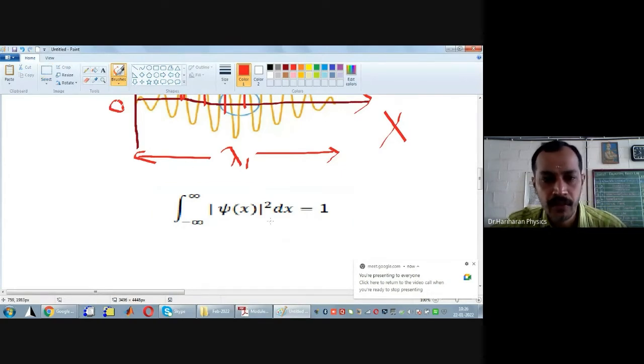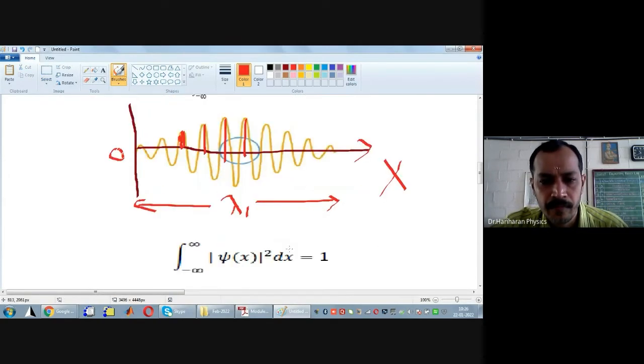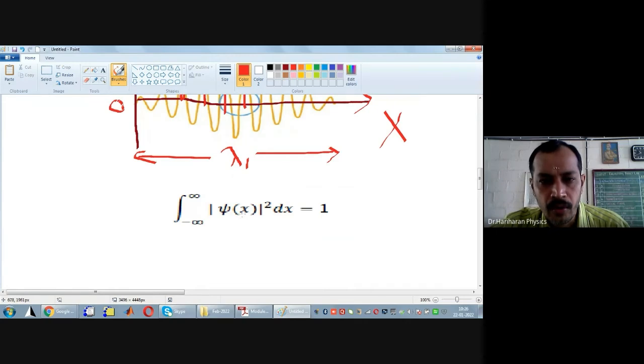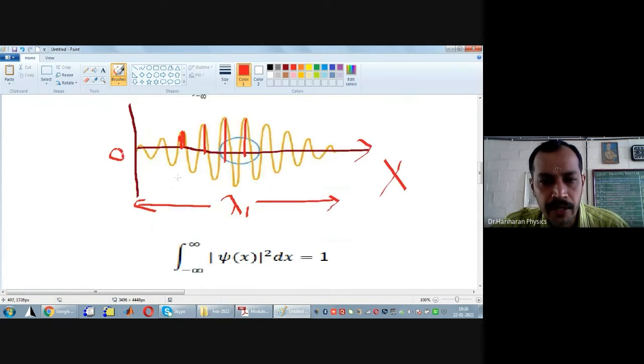What does this mean? Keep your camera at a distance x. I'm keeping my camera at a distance x. For example, if I use black color, my camera is located at this point x.